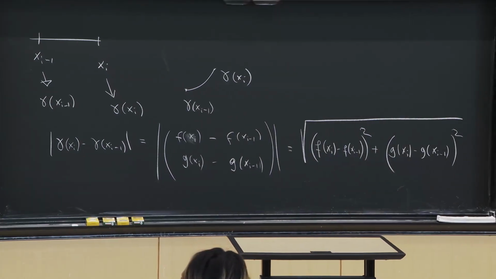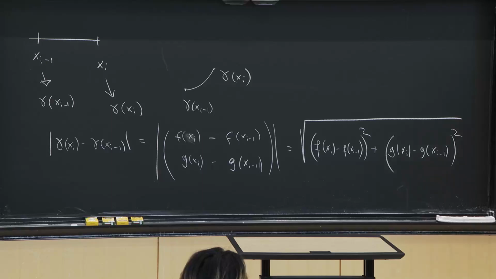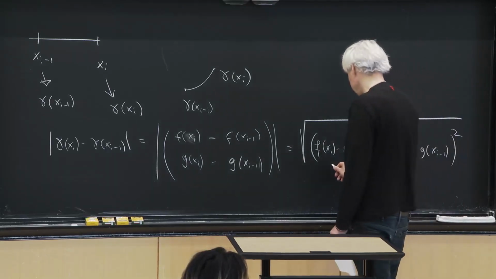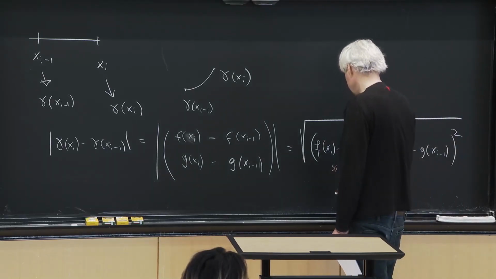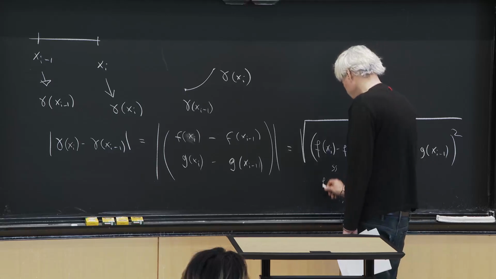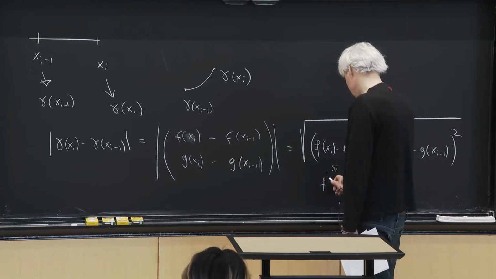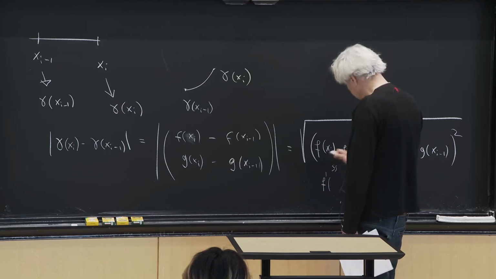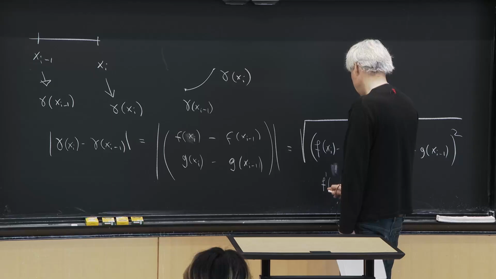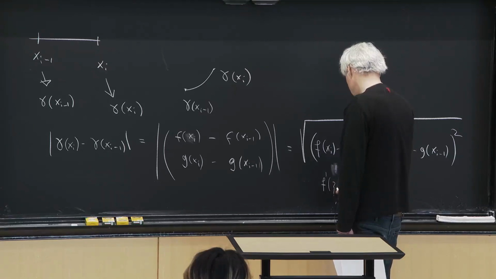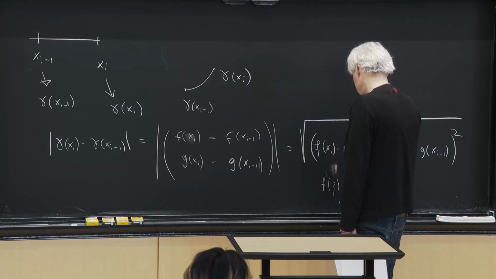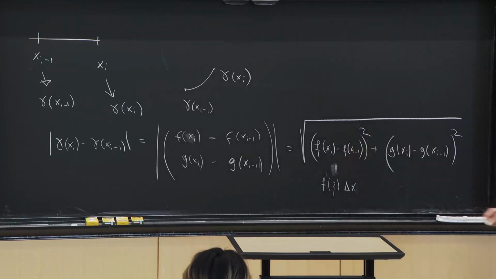And now the mean value theorem tells you that this thing here is essentially the derivative at some point in between these two. It actually is equal to the derivative at some intermediate point times the length of that little interval. Right? This is this difference here.